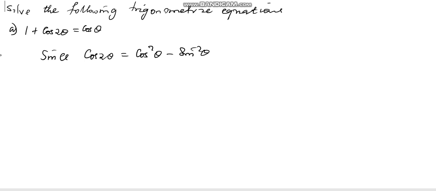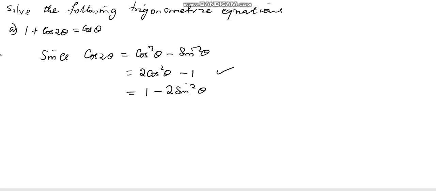Then the other identity is 2 cos squared theta minus 1, and also we have 1 minus 2 sine squared theta. So what we're going to do is pick an identity that will make it easy for us to solve this equation. Let's pick this one here, and then we make that substitution.